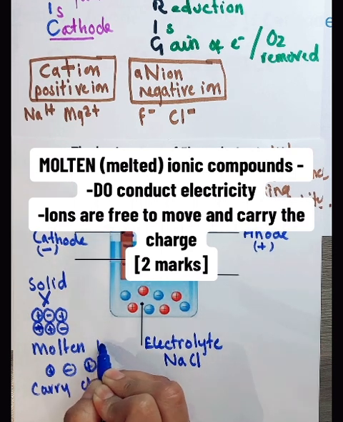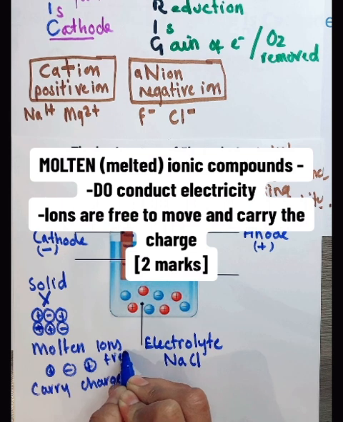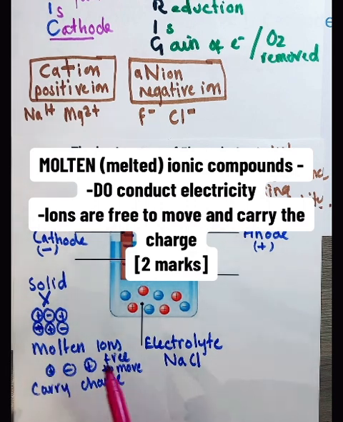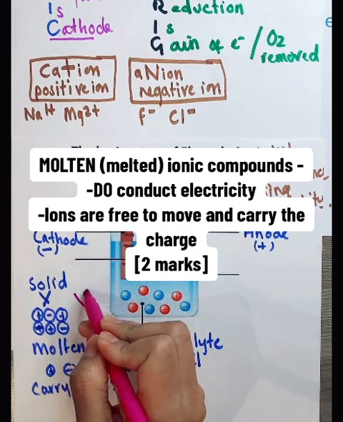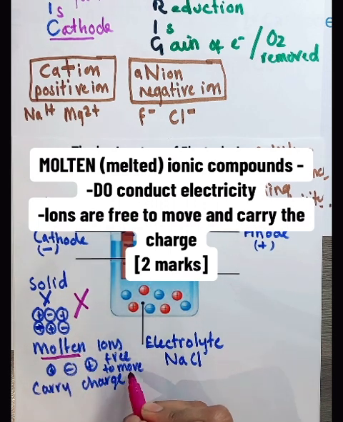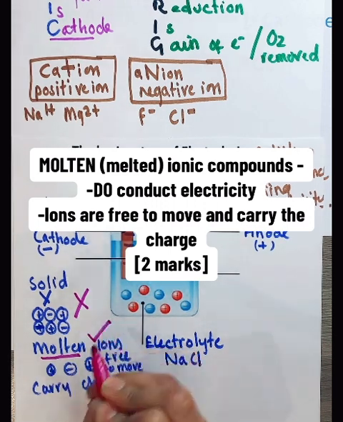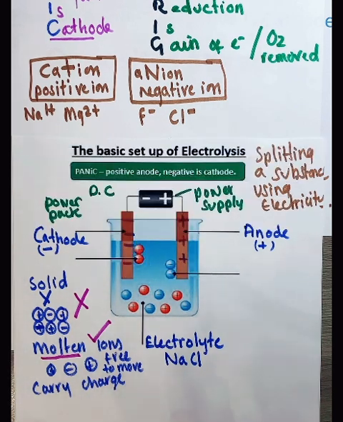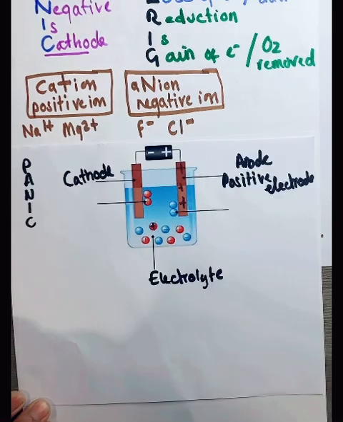So you need to say the ions are free to move and can carry the charge. So please remember, if it is a solid ionic compound, you cannot carry out electrolysis. If it is molten, the ions are free to move and you can carry out electrolysis. And you can get up to 4 marks for labelling the electrolysis diagram.